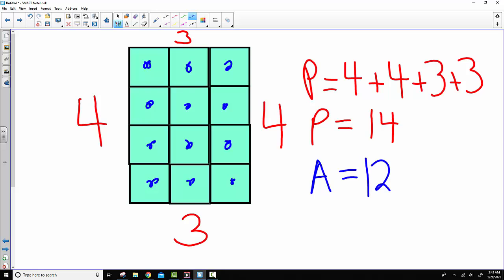We have 12 square units for area. I hope that your memory picked up that this is similar to when we were creating arrays. We have 4 rows of 3 objects, or 4 rows and 3 columns. 4 rows, 3 columns equal 12 square units.